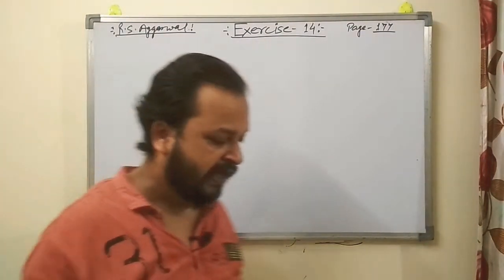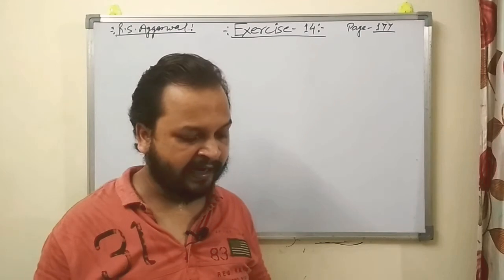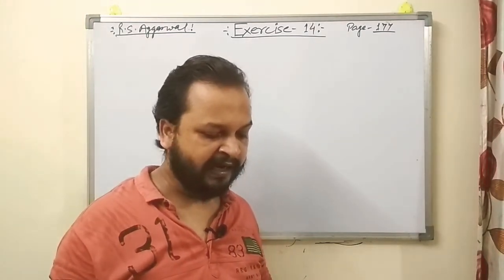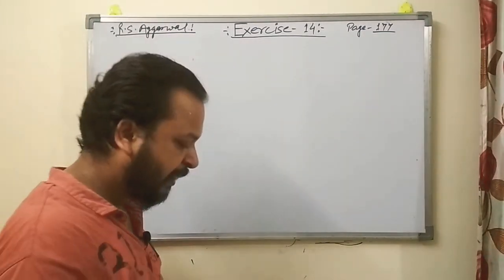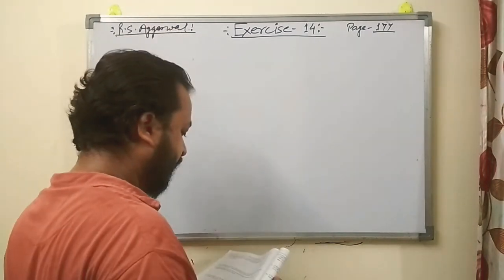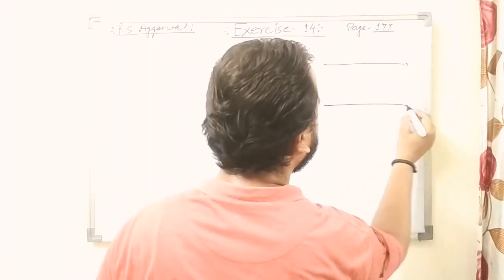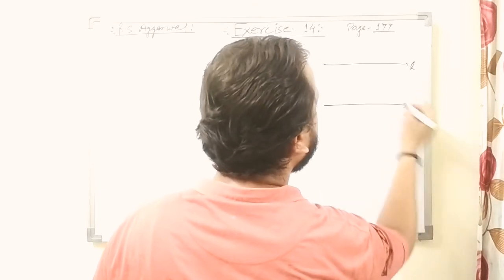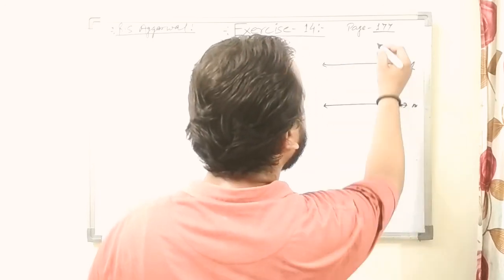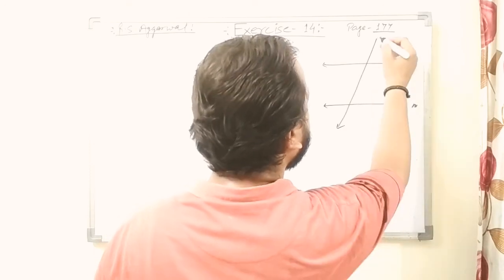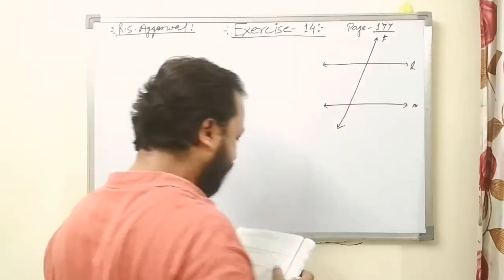The next question is given as: two parallel lines L and M are cut by a transversal line T, right? Two parallel lines, that is L and M, they are cut by a transversal line, that is T, right?